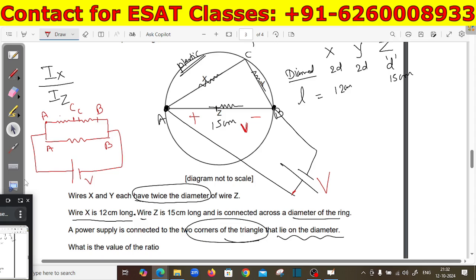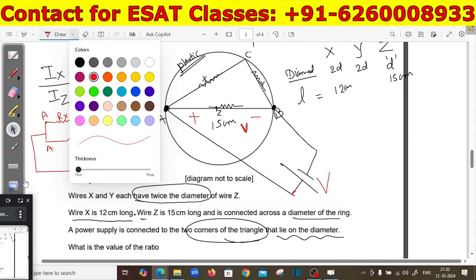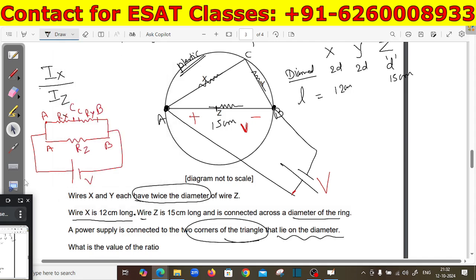Let us suppose this is RZ, this is RX, and this is RY. Both are representing the same situation. This is very important for your understanding. This is RX, RY, and this is RZ, and they are connected in this manner. So the voltage across this RZ is still V, isn't it? Any problem?